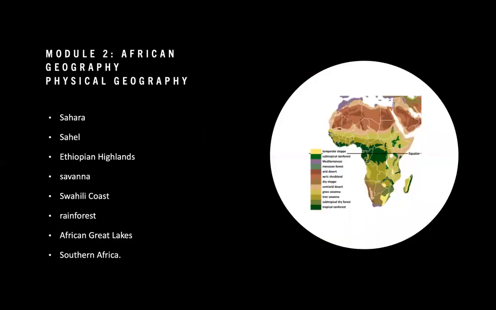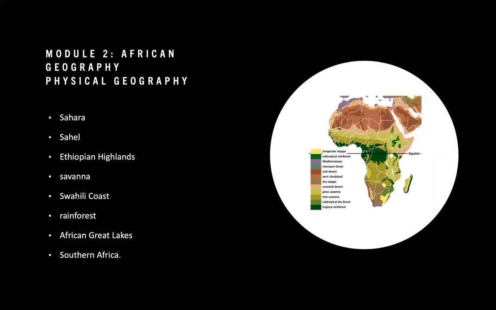So, ito yung 8 na kino-consider na physical regions ng Africa, geographically. Okay? So, you have the Sahara, which pertains to the region where the desert is. Sahel, yan yung border ng Sahara. Ethiopian highlands, referring to the mountainous areas of the continent, mostly nasa eastern portion. Savanna, which are grasslands. The Swahili coast, isang very narrow strip coastal line.